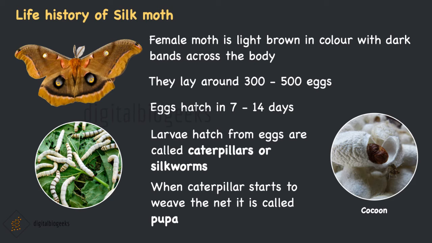The most common silk moth is mulberry silk moth and the silk fiber obtained from them is soft, lustrous and elastic. These fibers can be dyed in different colors. Now let's learn about the processes involved in the production of silk. We have already learned that the female moth lays hundreds of eggs.